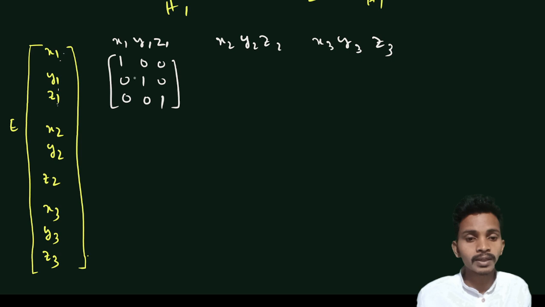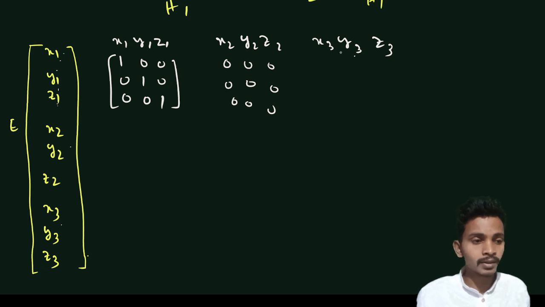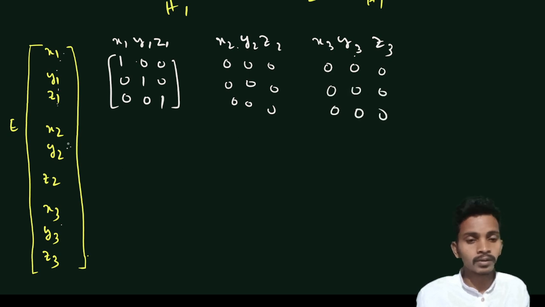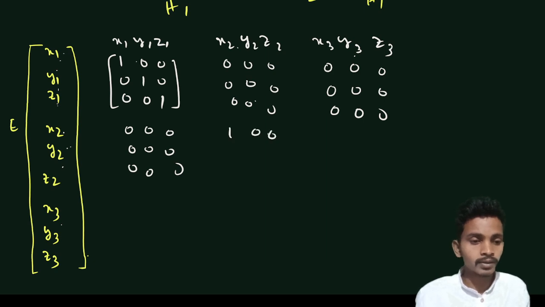And here x1 is there, this is not there, so this will become 0 0 0. Similarly, this is here and not here, so these become 0, and this one has 1 0 0, 0 1 0, 0 0 1.